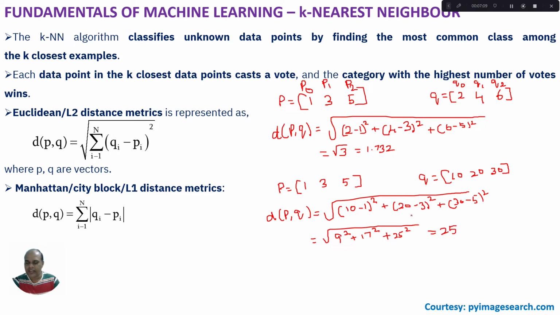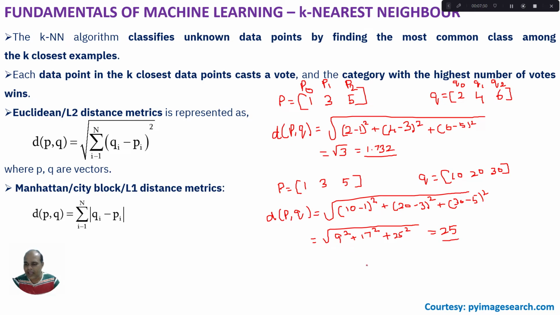So if I see the distance between these two vectors, p vector which is 1, 3, 5, when I compare it with q vector 2, 4, 6, the distance value is about 1.732, whereas the same p vector when it is compared with q vector of 10, 20 and 30, the distance is 25.